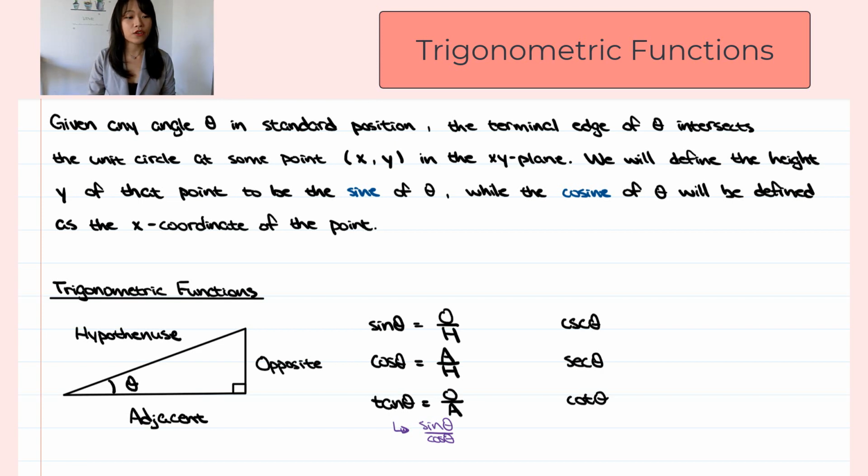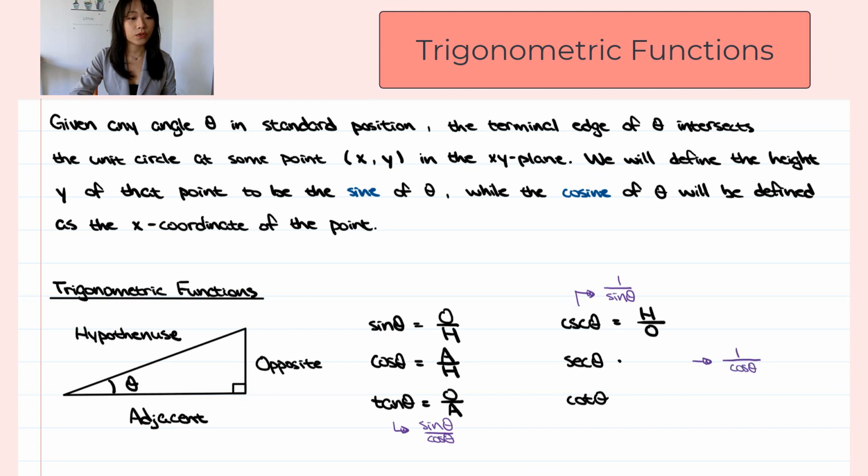And the other 3 functions on the right, they are the reciprocal of the 3 functions on the left. Cosecant theta, it is 1 over sine theta, so its ratio would be hypotenuse divided by opposite. And secant theta, it is 1 over cosine theta.